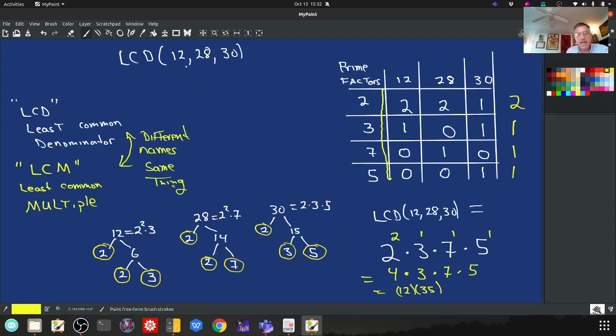So if I wanted to add fractions when the denominators are 12, 28, and 30, my LCD is 420.